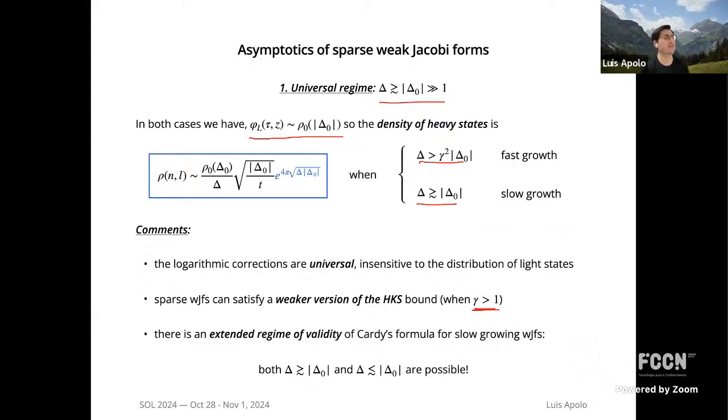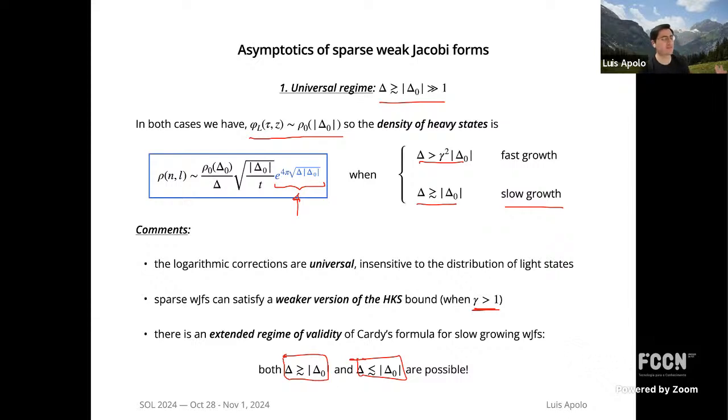But there's something more interesting that, well, I have not shown explicitly, and is the fact that this Cardy type of growth that we have here in blue, in the case of slow growth, turns out to hold in more general cases. So in an extended regime of validity, it holds when delta scales linearly with delta naught, but it's greater than delta naught, but also when it's less than delta naught, okay? So there's an extended regime of validity where Cardy's formula, the leading term in the asymptotic growth of states, works.